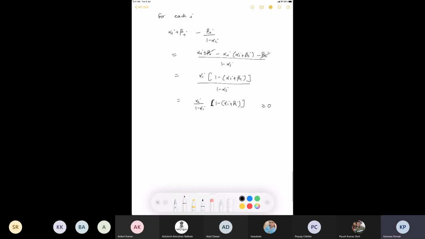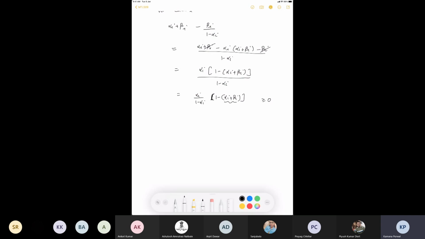Okay, so let's pay attention to this factor. Just recall, mu is nothing but the maximum of alpha I plus beta I for each I. Right? So we have that mu is strictly less than 1.